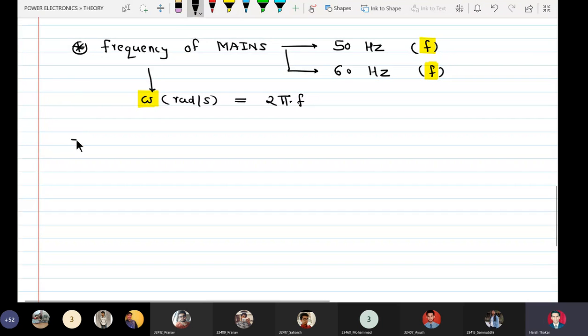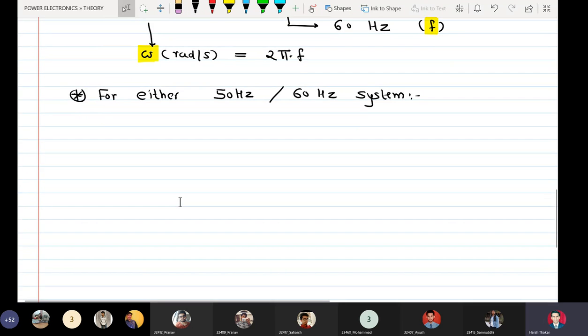Now for either a 50 hertz or 60 hertz system, this is very, very important. One cycle is equal to 360 degrees, which is also equal to 2 pi radians.